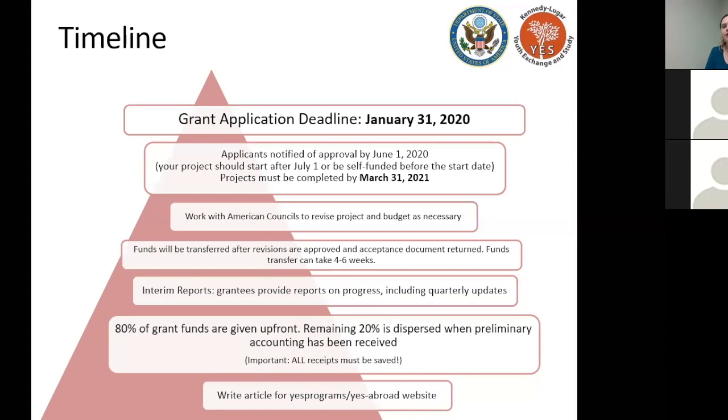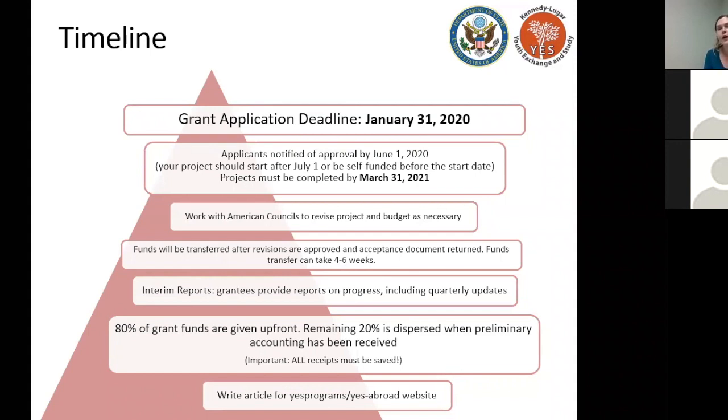So that's a common occurrence, and you should expect that. Typically, we try and get the funds to you within about a month of your project start date. And then the funds transfer can take up to 4 to 6 weeks, even sometimes.